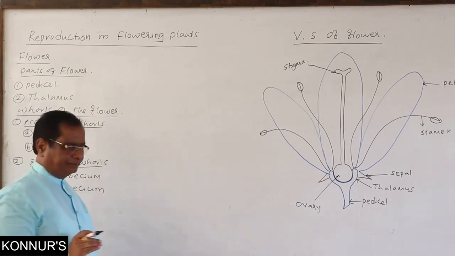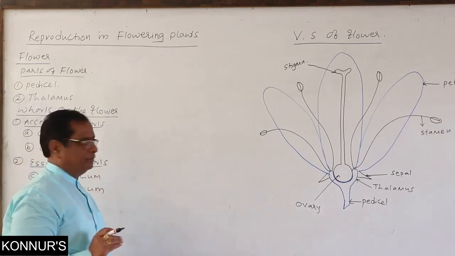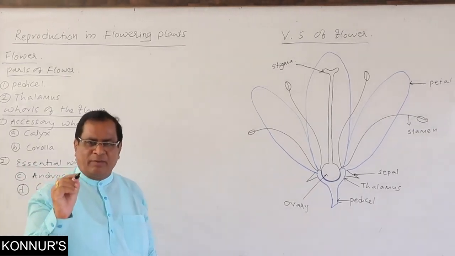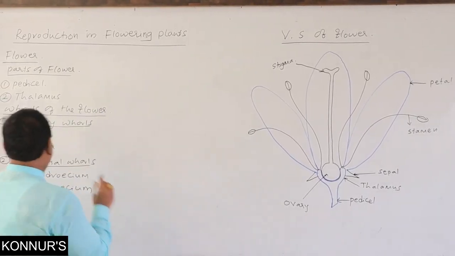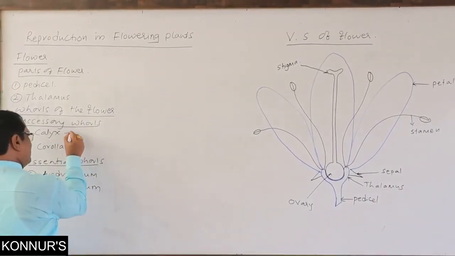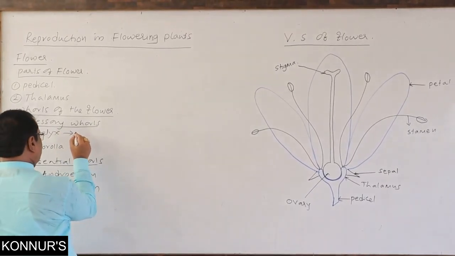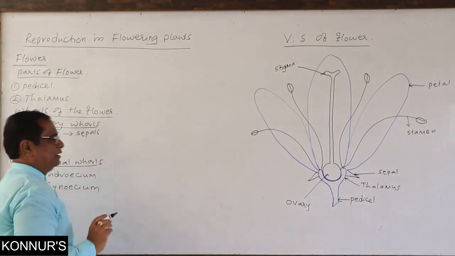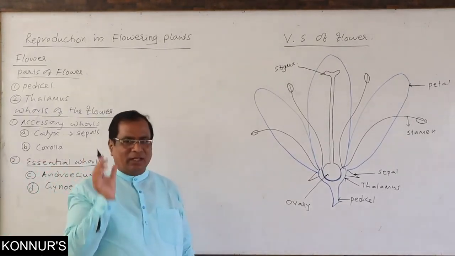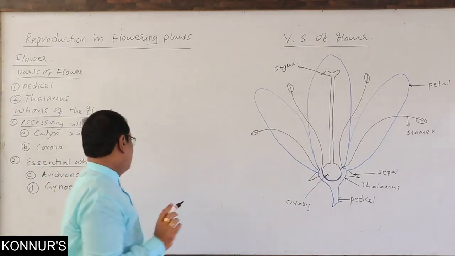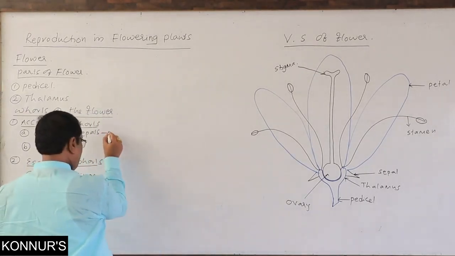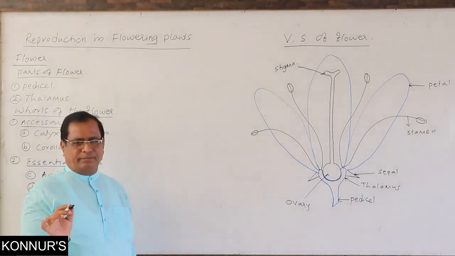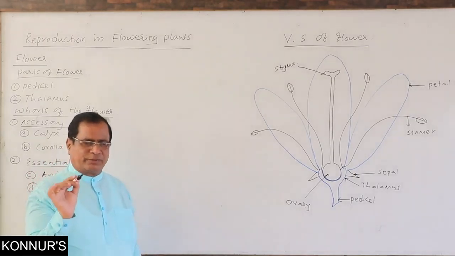The calyx is an accessory whorl and is the first whorl of the flower, and this calyx has individual units named sepals. These sepals may be free or fused.